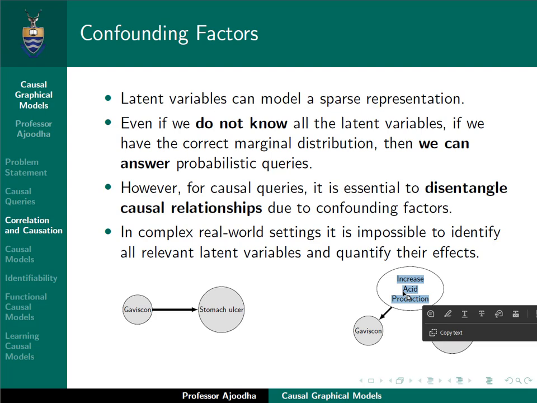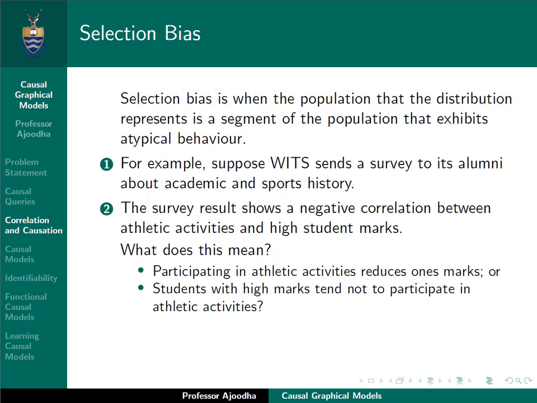We rarely know every relevant latent variable. And this means causal reasoning is never just a mechanical statistical procedure. It requires domain knowledge, assumptions, and careful modeling of the problem with all possible confounders, or the important ones that can sometimes deceive us. Okay, so that brings us to selection bias.